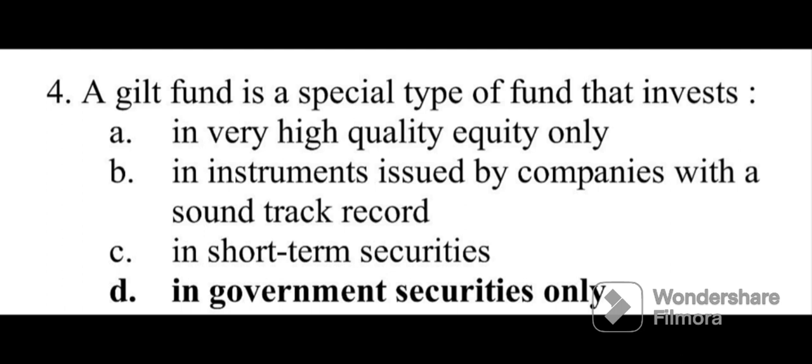This option roughly signifies a blue chip equity fund. Option B, instruments issued by companies with a sound track record. This option B signifies NCDs or corporate deposits. Option C, in short term deposits. For short term there are separate funds we call short term bond funds, or it can be liquid funds also.